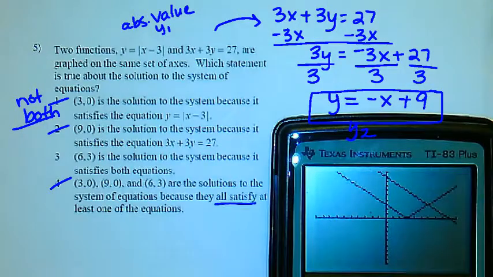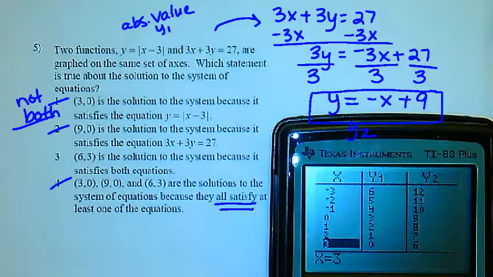It says that they all satisfy at least one. So let's just make sure that that's not true. (3, 0), yes, that does satisfy the first equation. (6, 3), that is both.